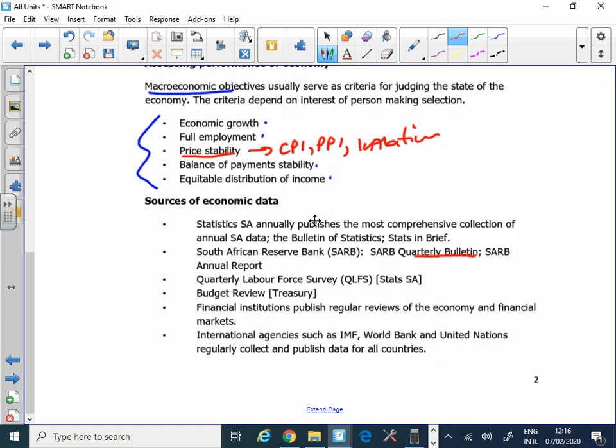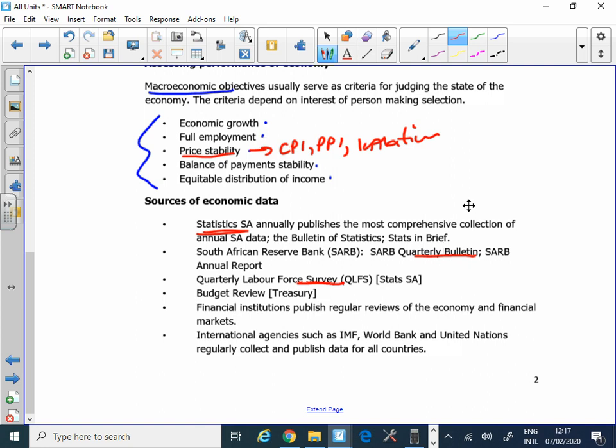The most common source of our information is Stats SA, Statistics South Africa. That's where we get most of our data relating to most of these economic measures we're talking about. There is the quarterly labor force survey, again done by Stats SA. In that, obviously, it's labor force. It has to do with macroeconomic objective number 2, which talks about full employment.